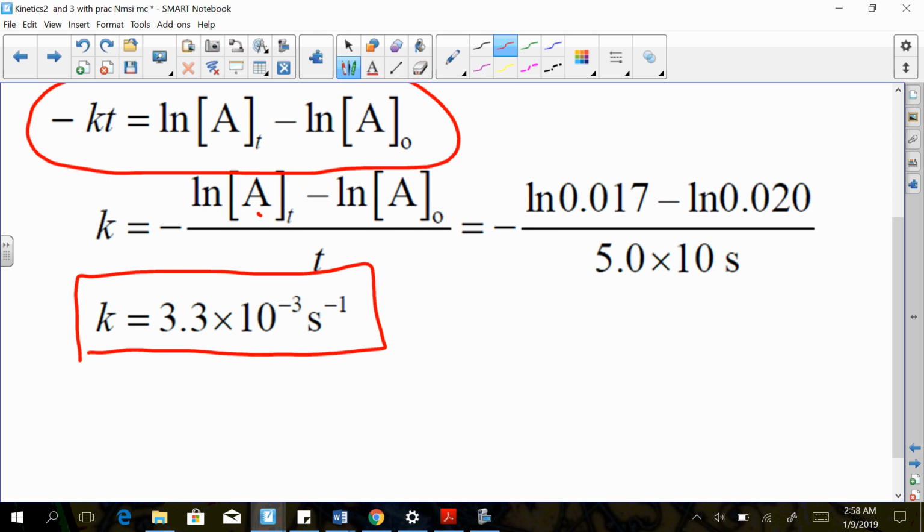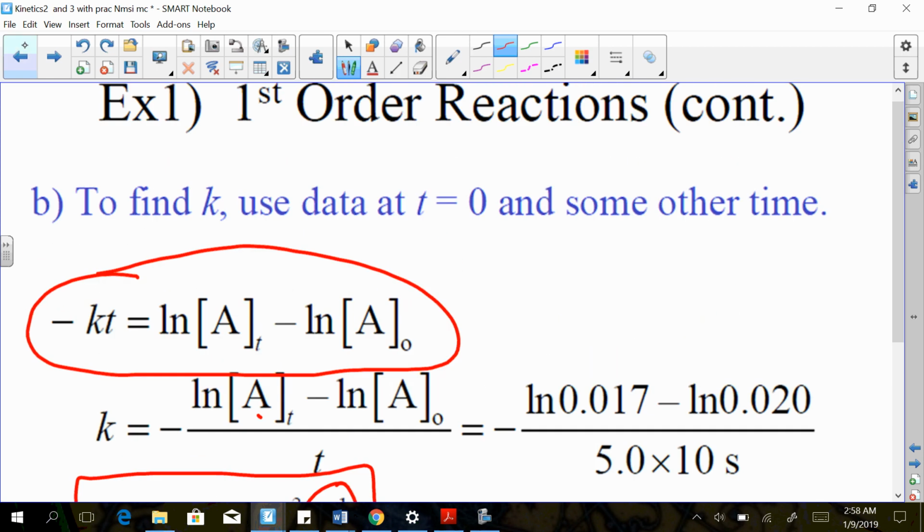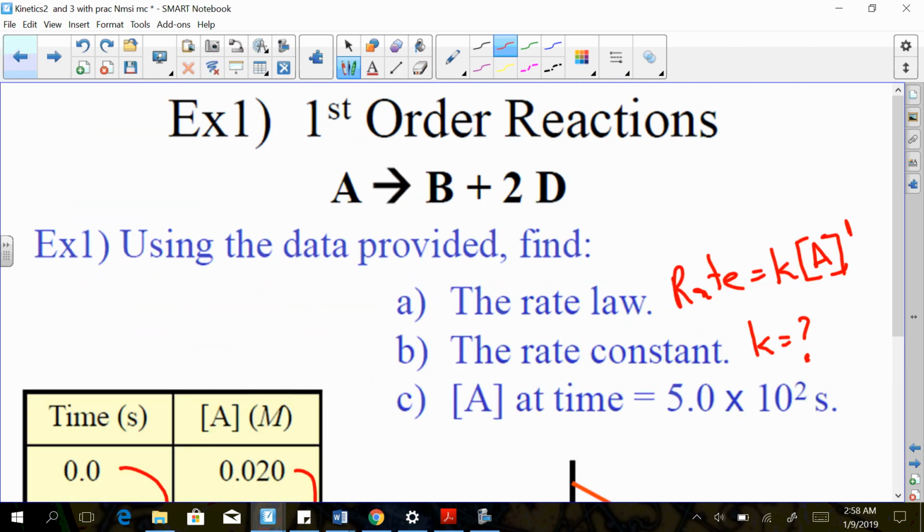Now, if you look at this, you not only need the number for K, you need the units. How do you get the units for K? This is kind of tricky because if you plug in molarity minus molarity, you might want to go back and look at the fact that this is a first order reaction. Go back to this original equation that you wrote.